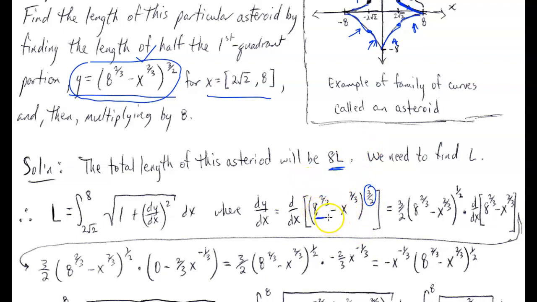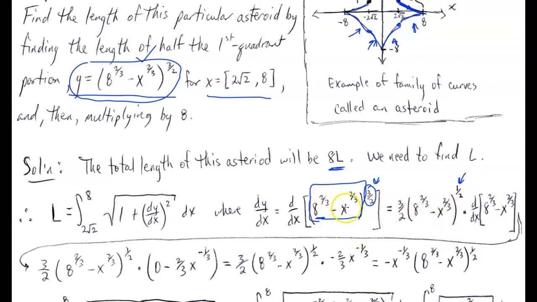Using the chain rule, we take the derivative of the outside function first. We look at all of this as just some big box, and ask, what is the derivative of blah raised to the 3/2? That's just 3/2 times blah raised to the 3/2 minus 1, and of course that gives you 1/2 there.